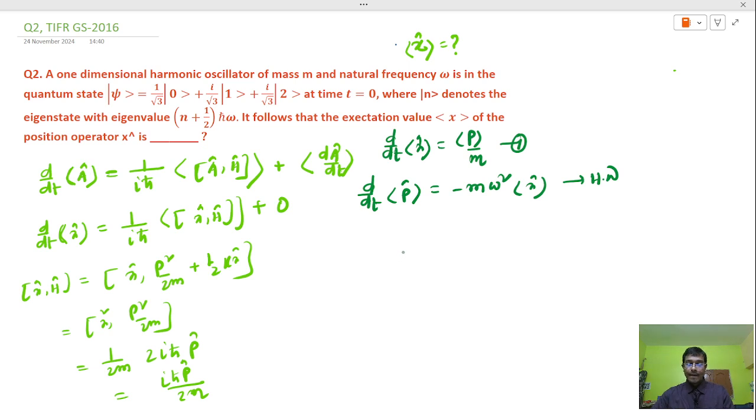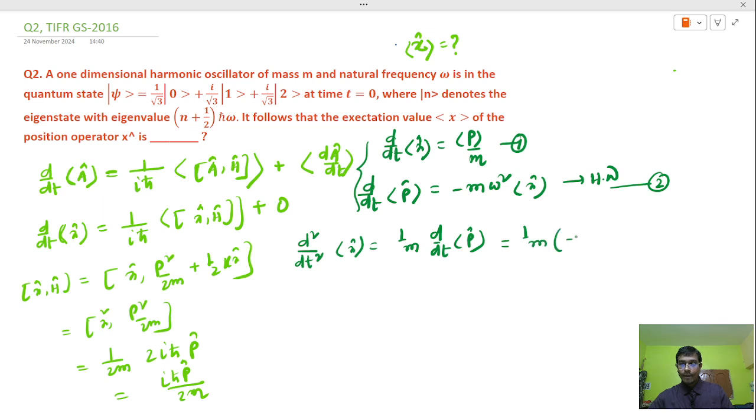And after that, from equations number 1 and 2 we write here that d square by dt square of expectation of x equal to 1 by m d by dt of expectation of p, and put this value: 1 by m times minus m omega square expectation of x.